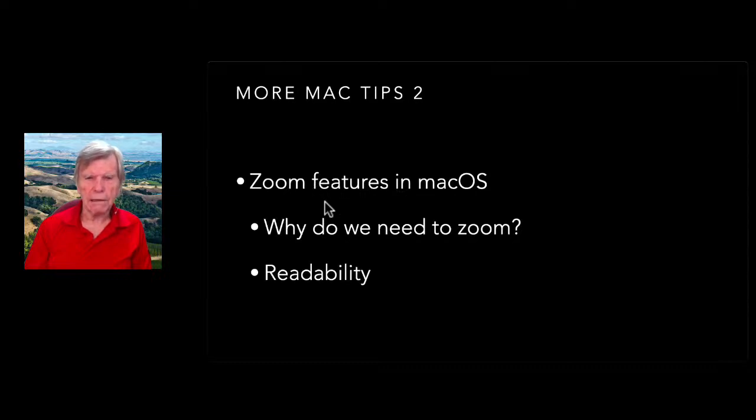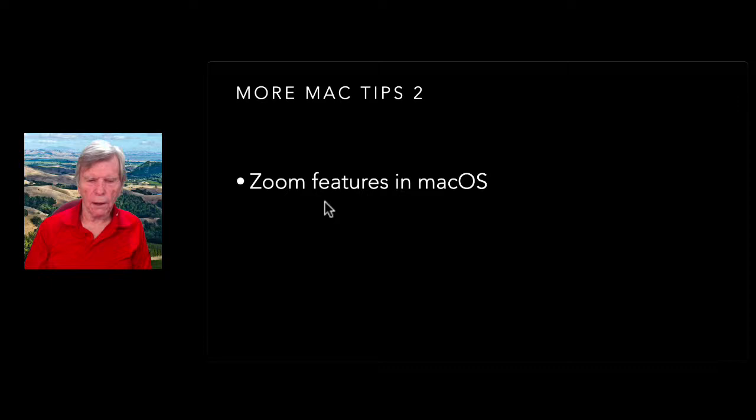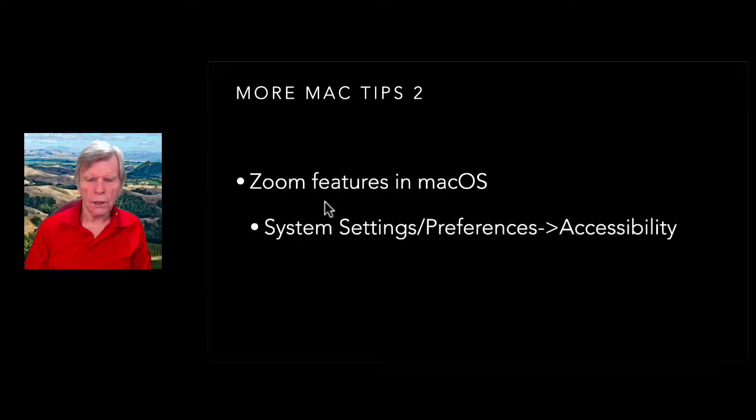So readability is the main reason for the Zoom features to be activated and utilized on your Mac. So how do you do that? Well, you go to System Settings or System Preferences and Accessibility, and you click on Zoom. What could be easier? So let's take a look at that and see how that works.